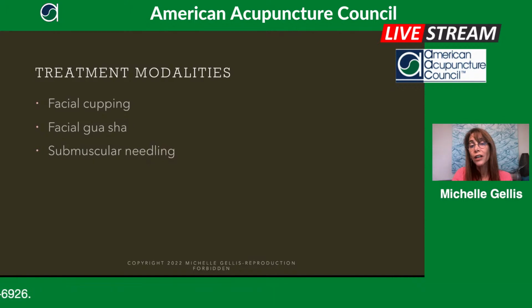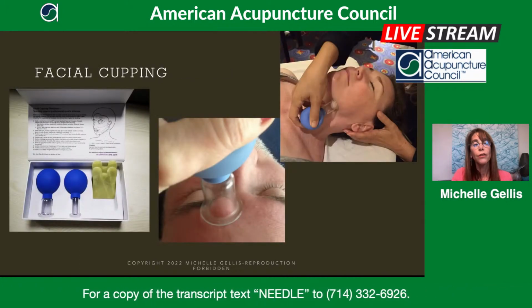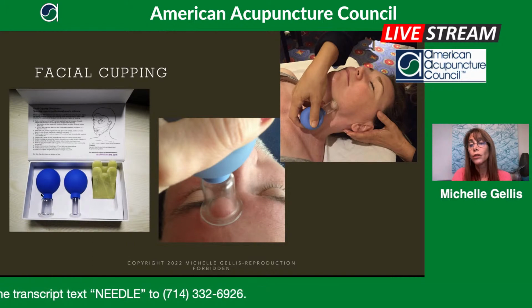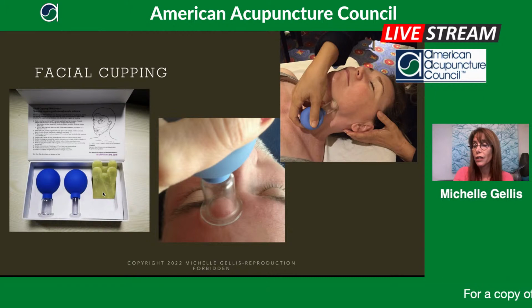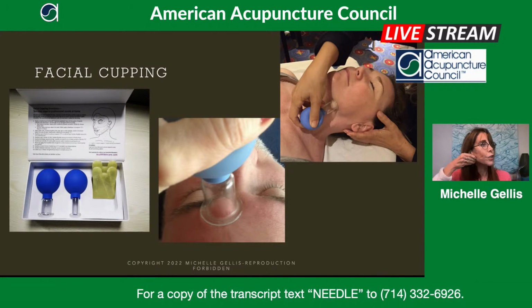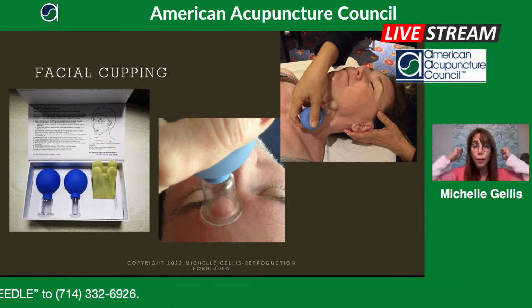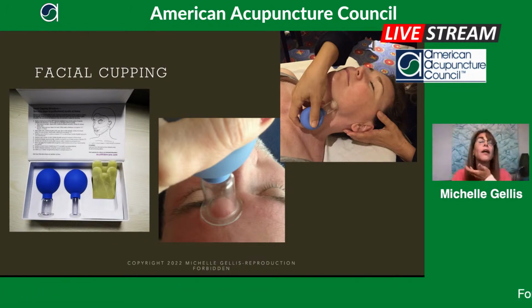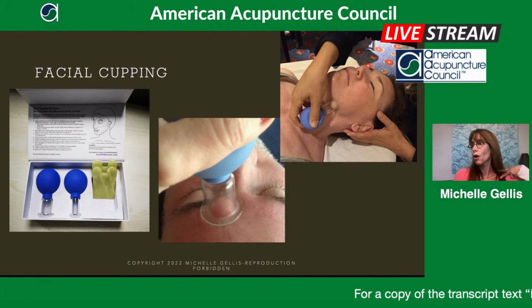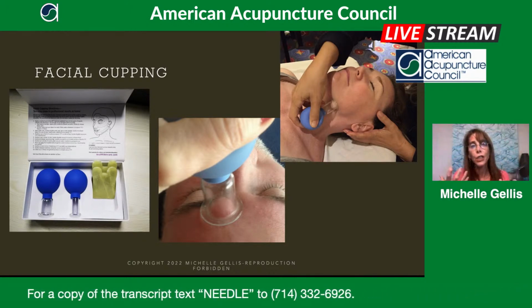Facial gua sha is also another technique that we can use. And here are some facial gua sha tools. You can see that these are made out of jade, and they're specially shaped to work around the jowls, the cheeks, to work along the temporalis and underneath the chin, across the clavicle, lots of places where we can get these adhesions.